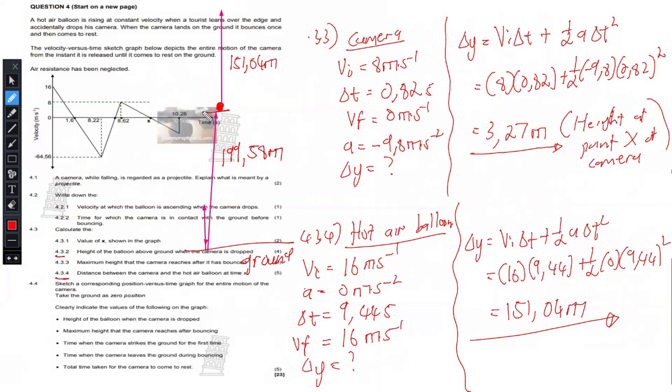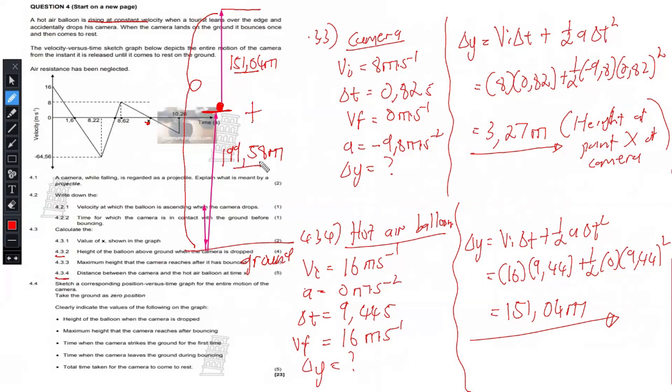And then from that point, remember, as the camera drops, this is still moving upward. It is rising at a constant velocity upward. So that means the whole distance after 9.44 seconds above the ground will be you having to take this plus that. So to find the whole height above the ground at 9.44 seconds at point X, you are going to say 151.04 plus the 199.58.